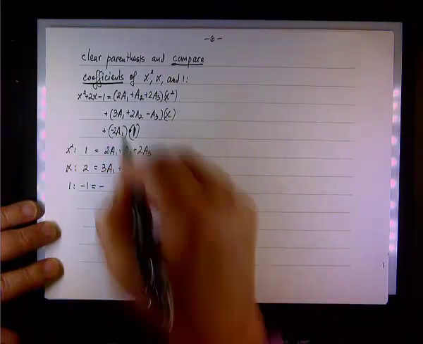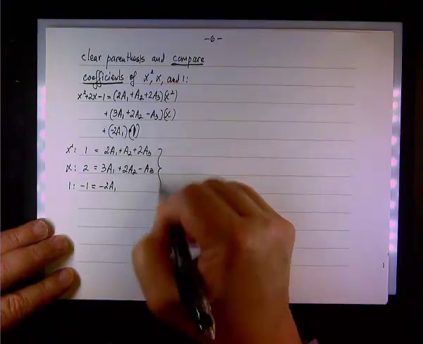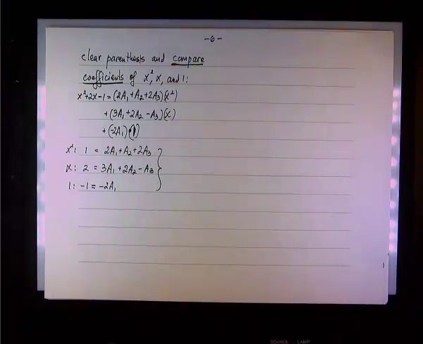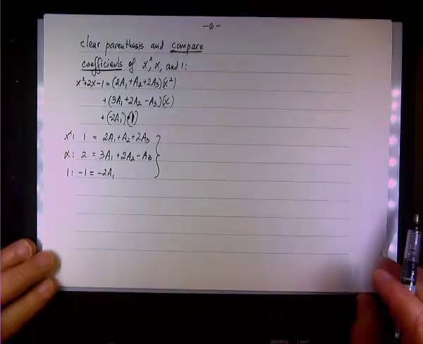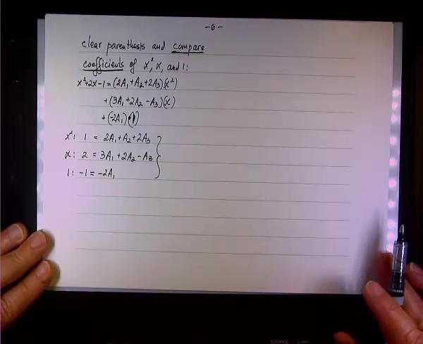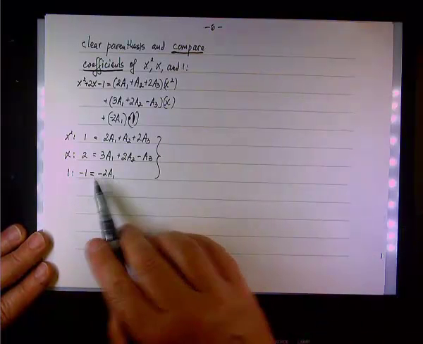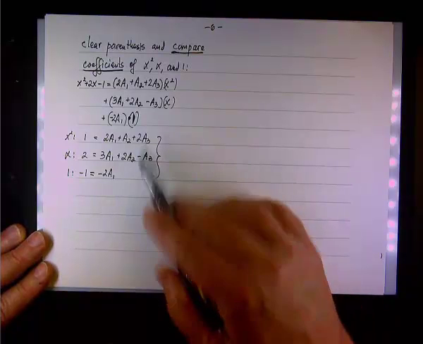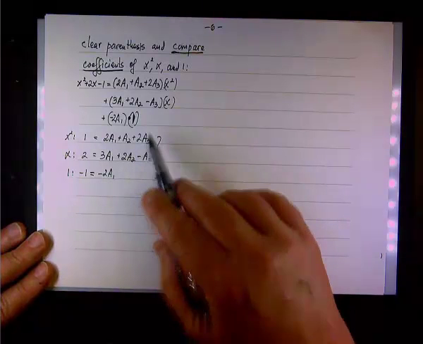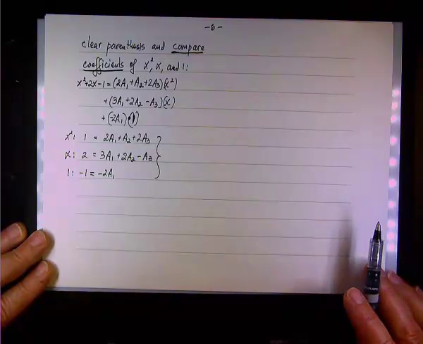Is it 2a1? It should be −2. Let me go back and look here. It's −1 times 2 times 1, so it's −2. So here we have −2a1.